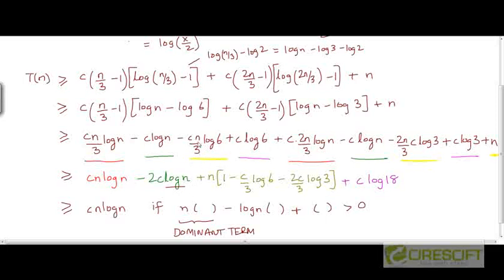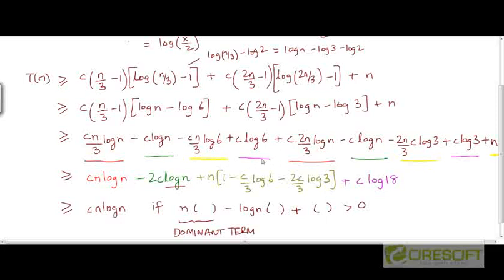I've also grouped together the n terms, where the term has an n in it, just an n by itself with a constant coefficient. So there are 3 such yellow terms. And if we group these yellow terms together and take n common, from the first term we'll get a 1. From this term we'll get a minus c by 3 times log 6 inside the brackets. And from this third term we'll get minus 2c by 3 times log 3 inside the brackets.